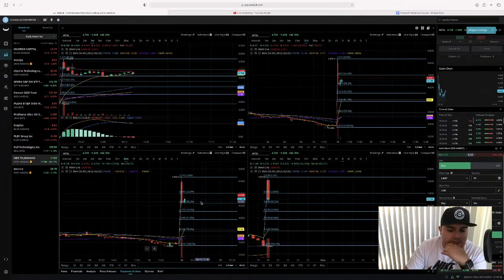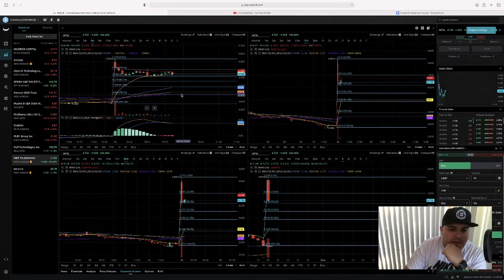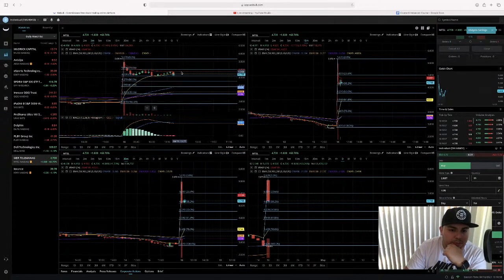Yeah, see, there you go. There's your consolidation point. It's trying to hold a 38.2 fib. Not a good move. Not a good move.